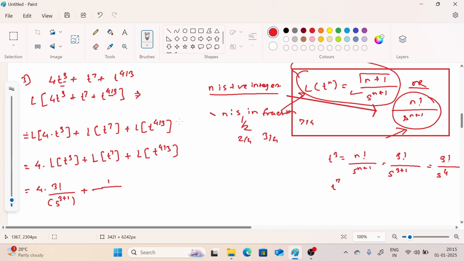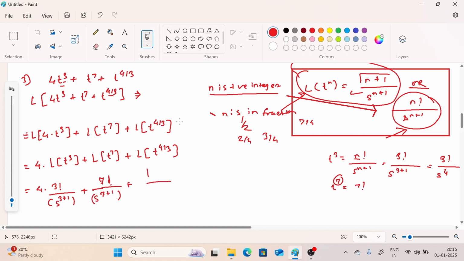So n factorial means 7 factorial upon s raised to 7 plus 1, plus t raised to 4 by 3.